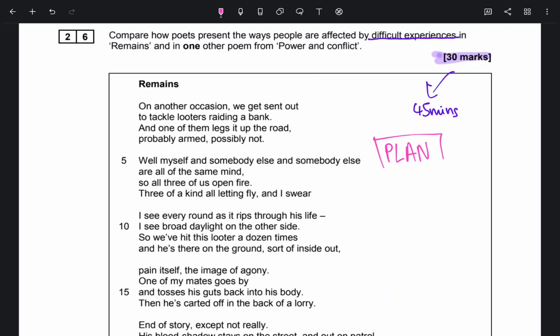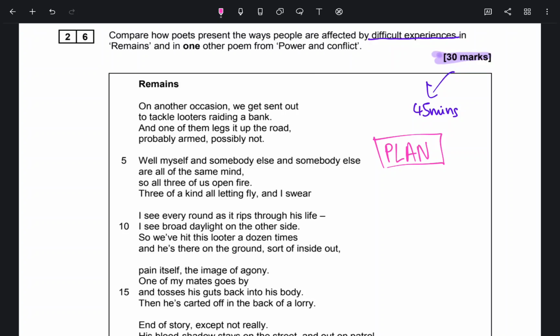Spend 5 minutes or so planning this question and reread the poem that they have asked you to write about, and consider one other poem you want to compare it to carefully. A bad poem choice can really be a disaster, so it's very important you know which one to compare to. Make sure you answer the question, don't just talk about the poems, respond to the task set, and use quotations from the poem they have chosen, and try to remember quotations from your chosen poem.